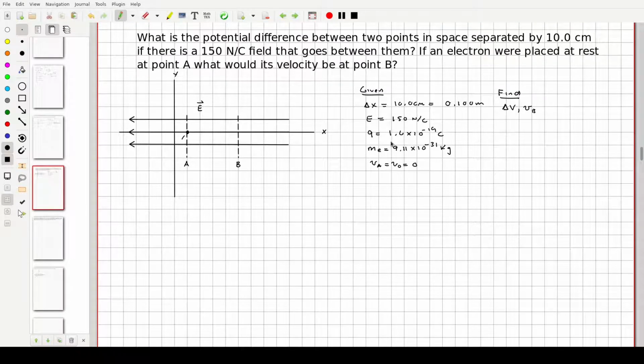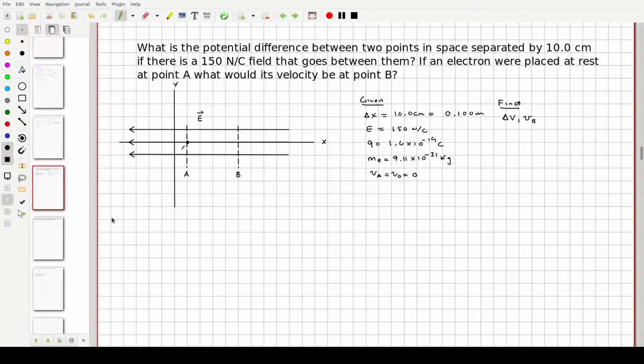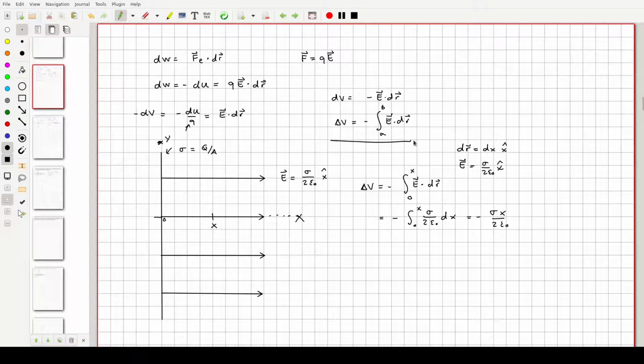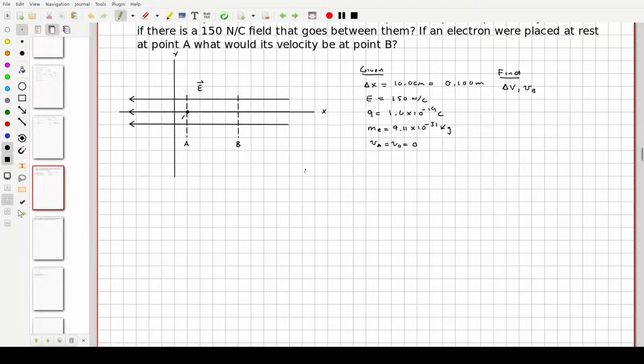So, to do this, what I'd like to do is to use the equation that we came up with right here. That equation says that the difference in voltage between 2 points in space is equal to minus the integral from the first point to the second point of E dot dr. Now, dr is this way.